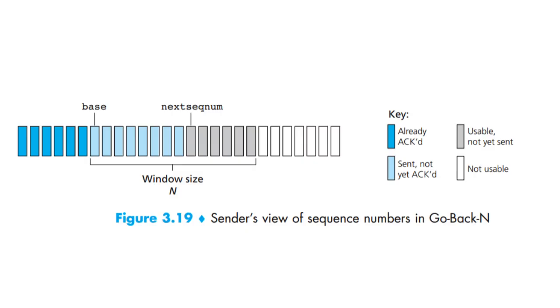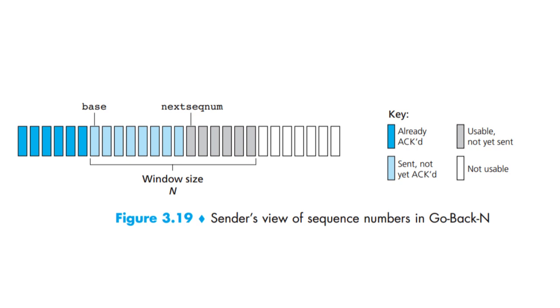In a Go-Back-N protocol, the sender is allowed to transmit multiple packets when available without waiting for an acknowledgement, but is constrained to have no more than some maximum allowable number N of unacknowledged packets in the pipeline.